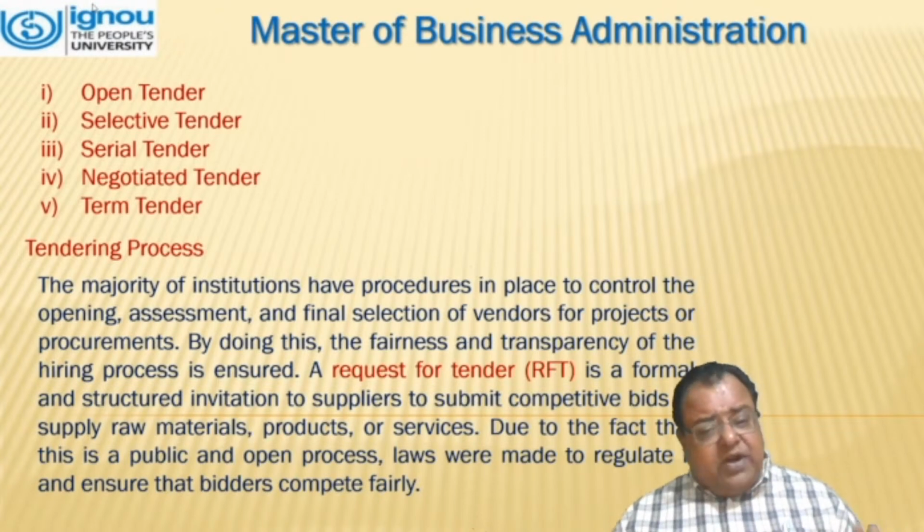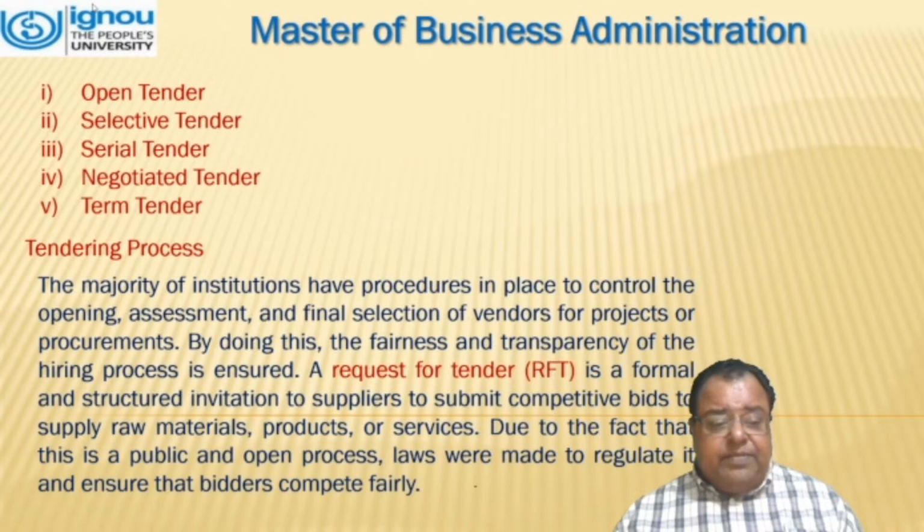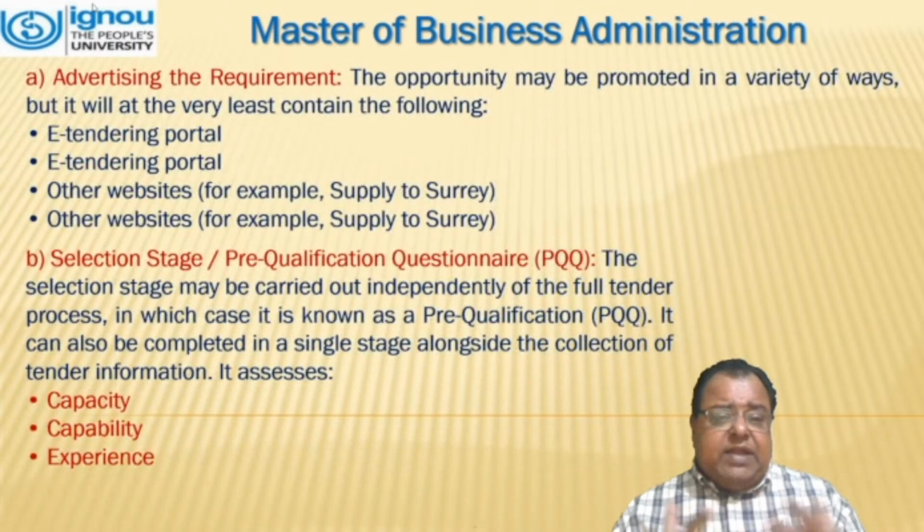A request for tender, that is RFT, is a formal and structured invitation to suppliers to submit competitive bids to supply raw materials, products, or services. Because this is a policy-driven and open process, laws were made to regulate it and ensure that bidders compete fairly.